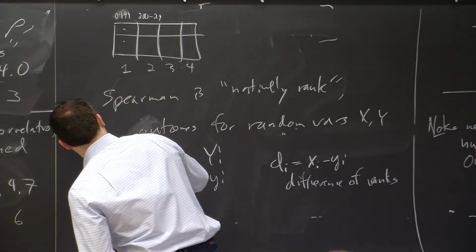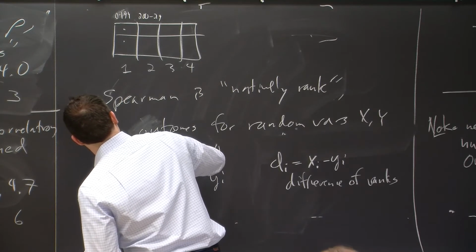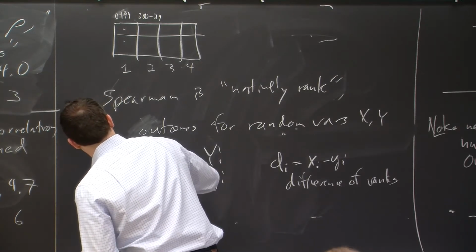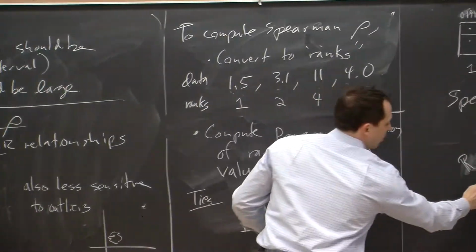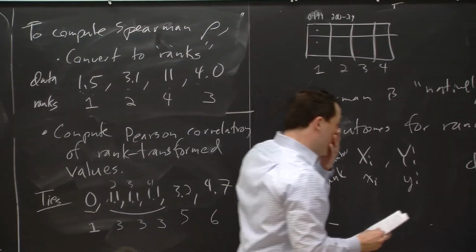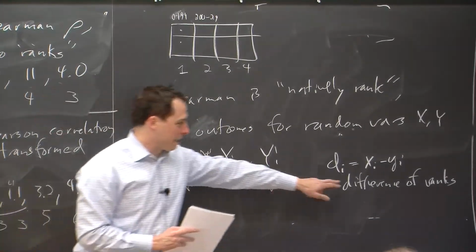This is a real number, and this is that rank, so this would be like the 1.5, 3.1. This would be the 1, 2. For each observation, it has an x value and a y value, and I could subtract the ranks.